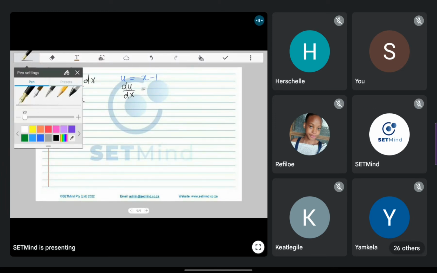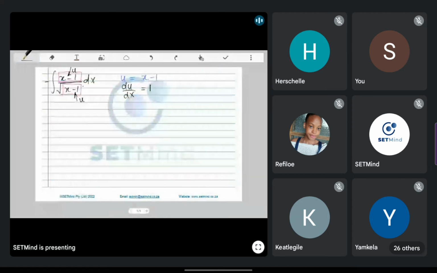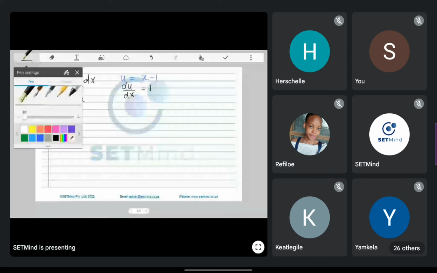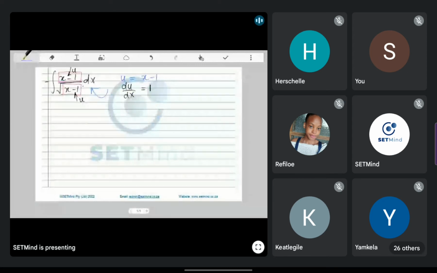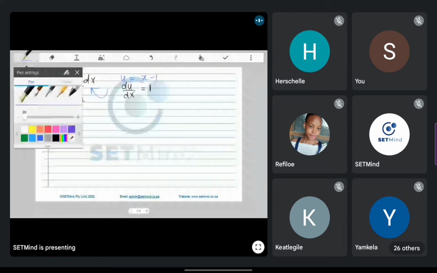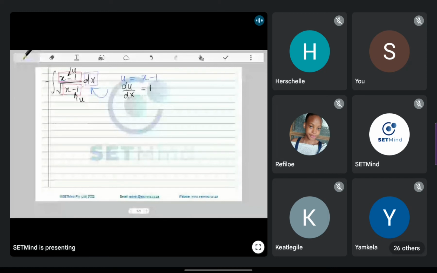So if we derive the right side, what we are going to get is 1. And remember, we are now trying to make everything here in terms of u, meaning even the dx here is now supposed to be in terms of u, which means I should solve for dx. So if I multiply both sides, I'm going to have du is equal to dx.